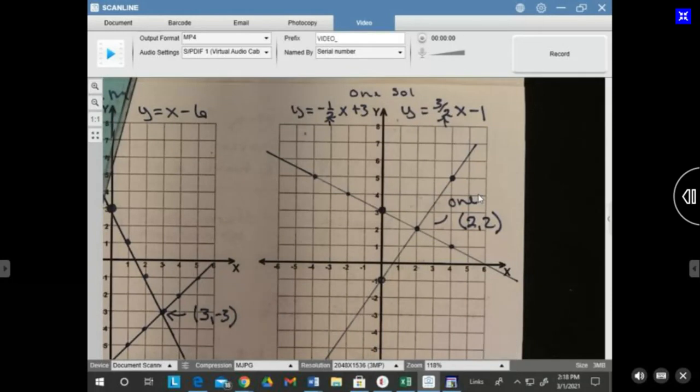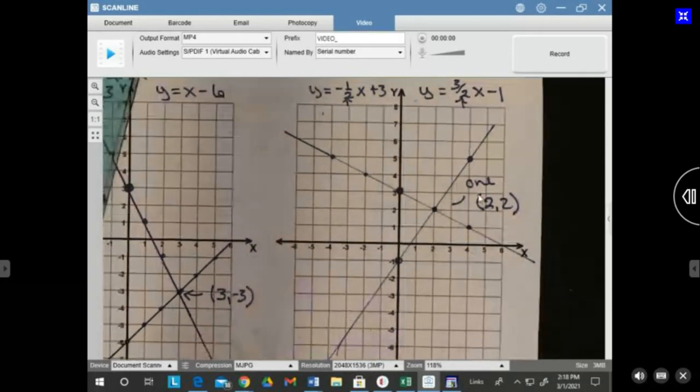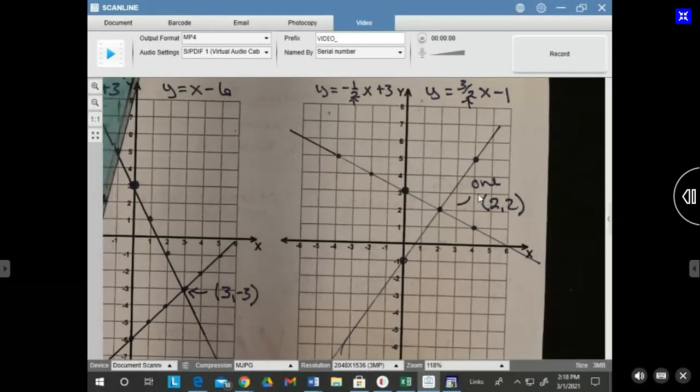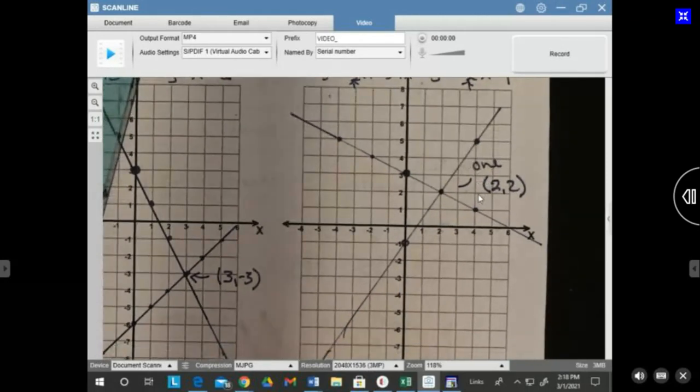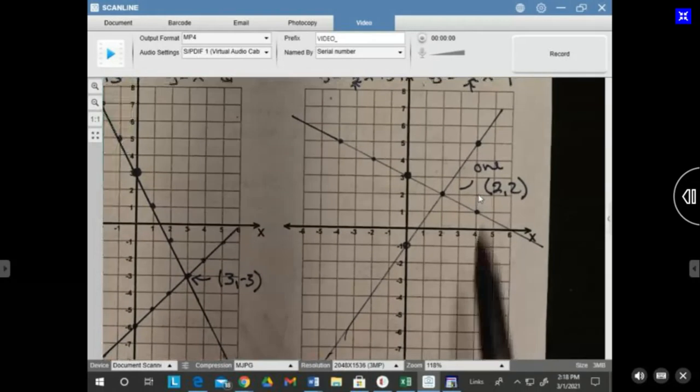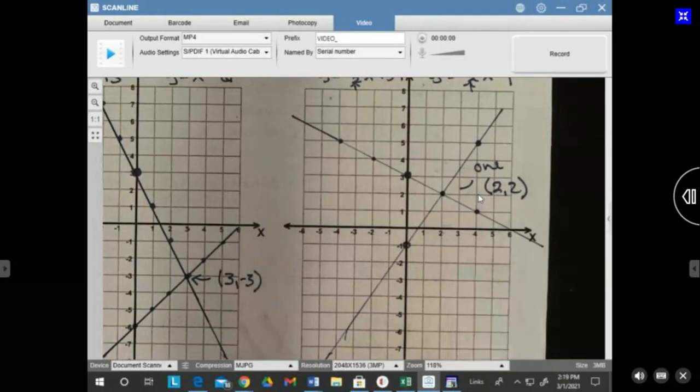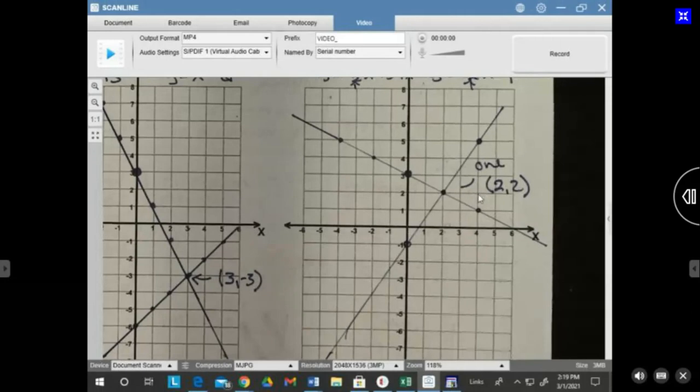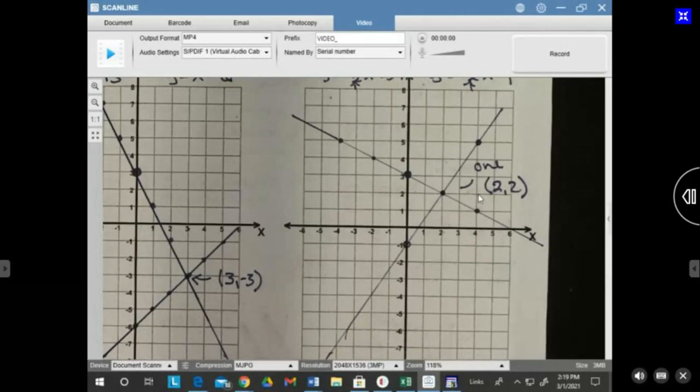Under the stream tab in your Google Classroom, every video we do is posted. Look at last week's videos, take some notes, practice. You're going to have to graph on Friday. It's not going to be multiple choice. You're going to have to graph these equations and tell me what the solution is. Probably.